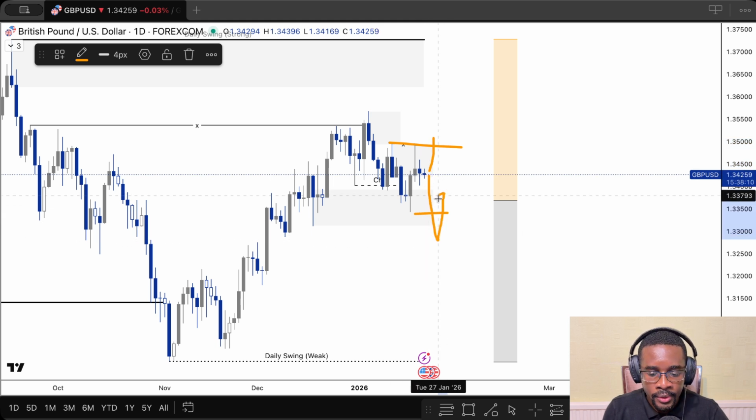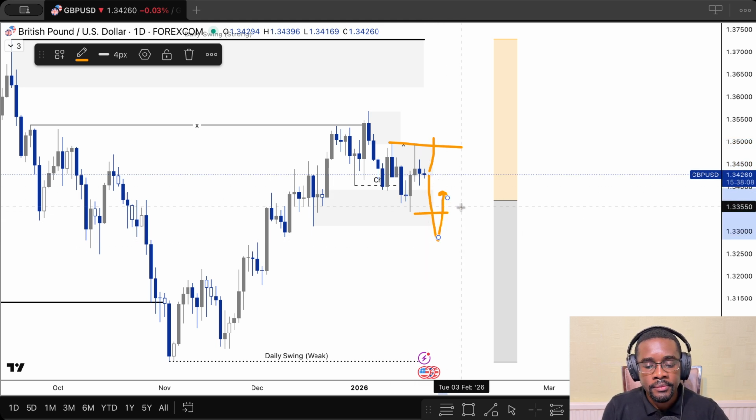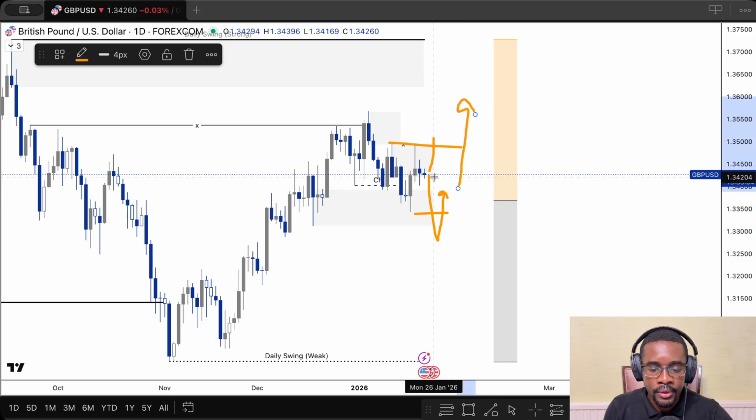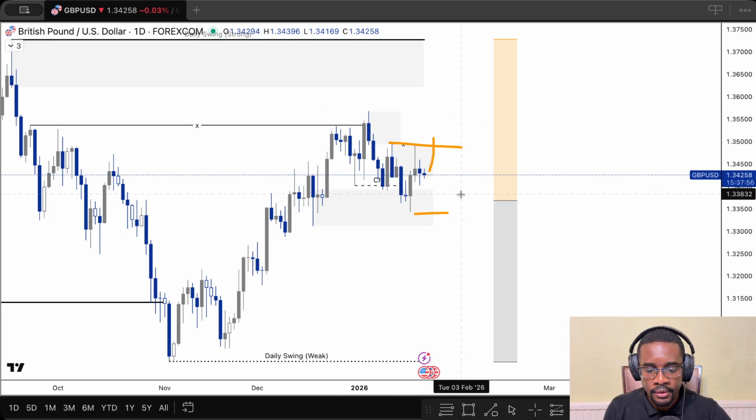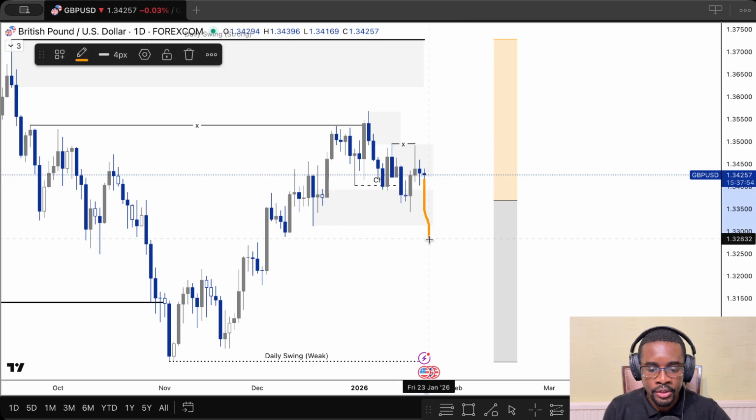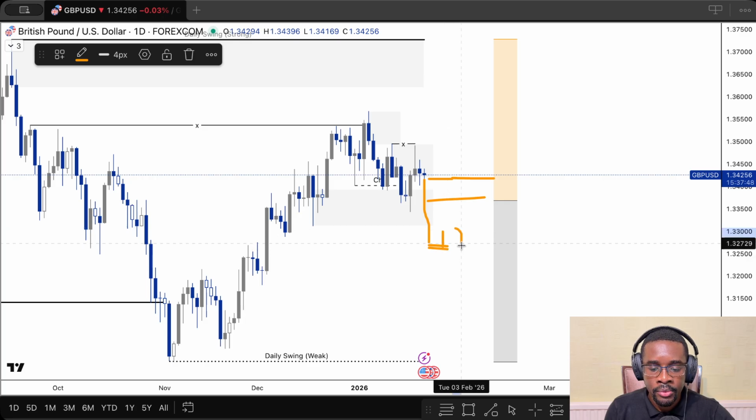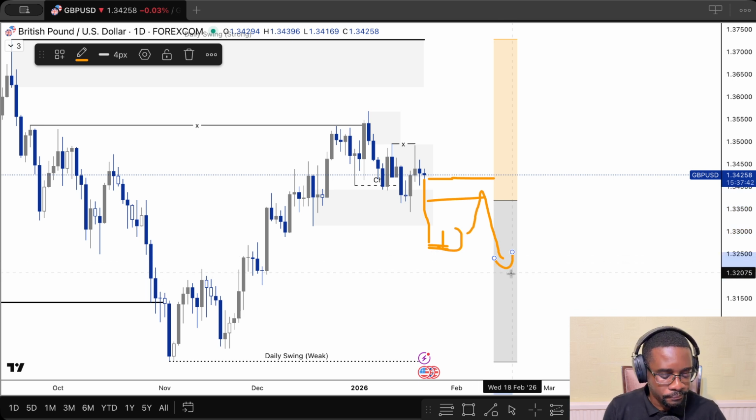And then if it comes back into the range, then we may be looking to go up. Or if it breaks and closes below this area of supply, then creates a new strong supply area after it closes, and then we have maybe a stay away candle, then we can be looking to take shots.